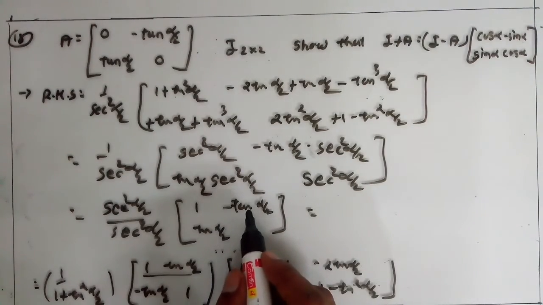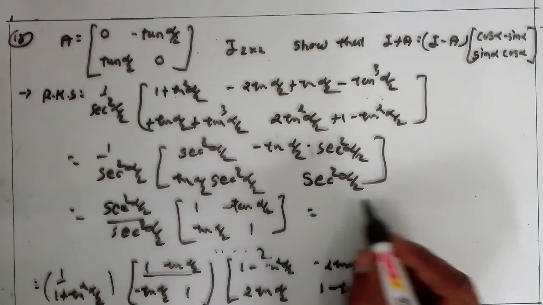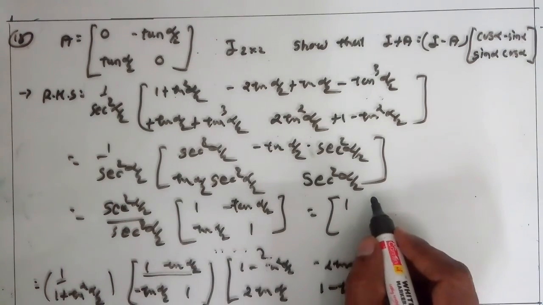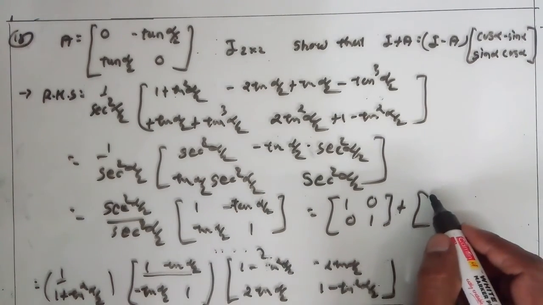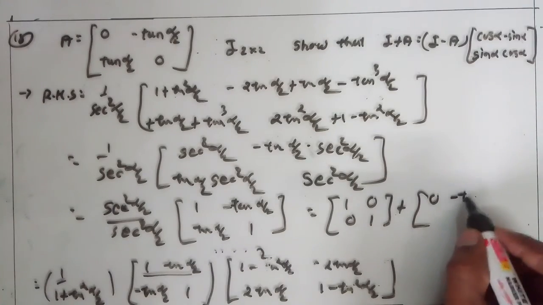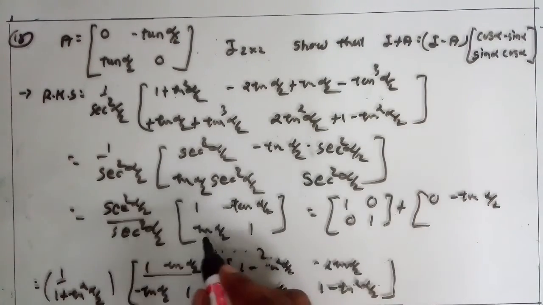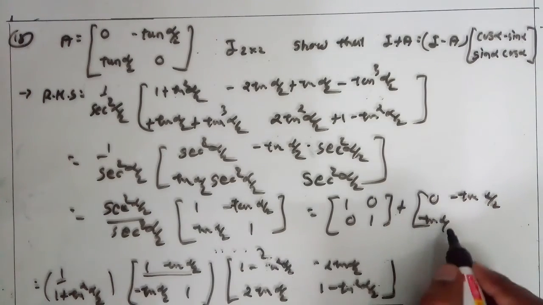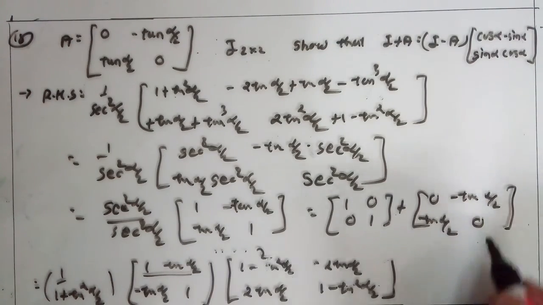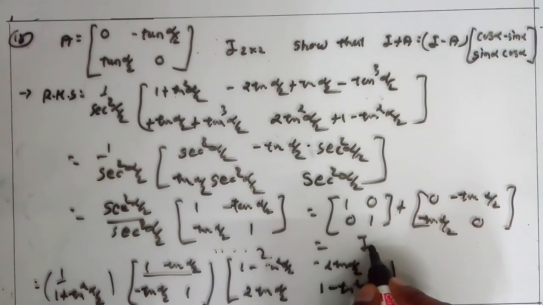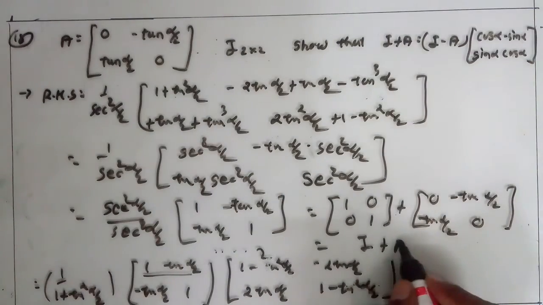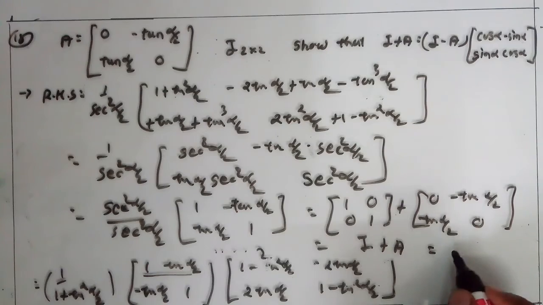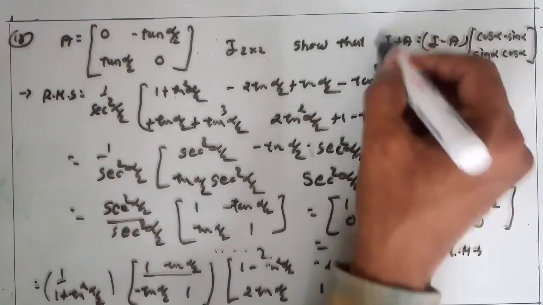Now write this as the addition of 1 0 0 1 and here 0 minus tan alpha by 2, here tan alpha by 2 and 0. Clear? So this is the identity matrix I, plus this is the matrix A. Clear this? So I plus A is equal to the left hand side, LHS.